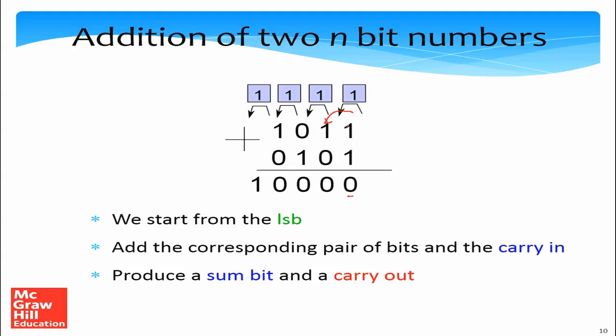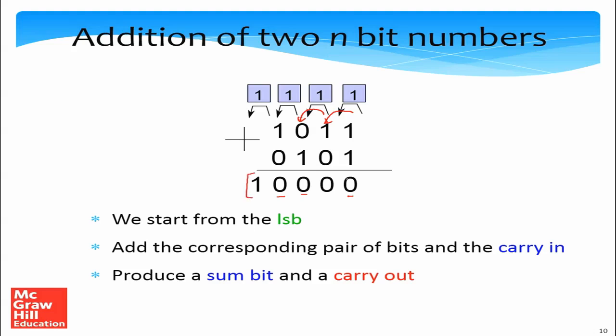In the next position, we need to add 1 plus 1. Again the sum bit will be 0, and again we will carry over a 1 to the next position. Again we add 1 plus 1, so the sum bit is again 0, and we carry over 1. So we have 0, and finally we again carry over a 1 to the next position, and the addition completes.